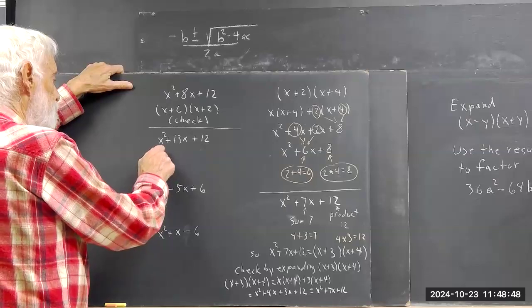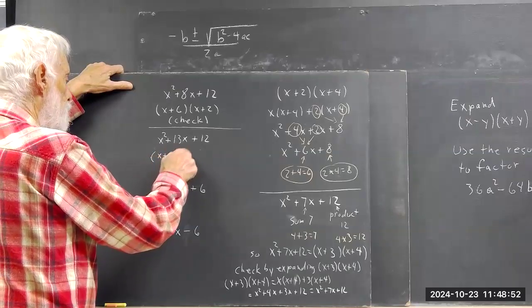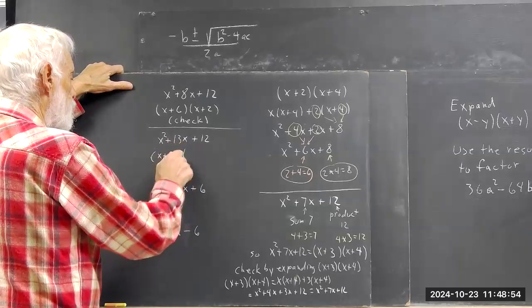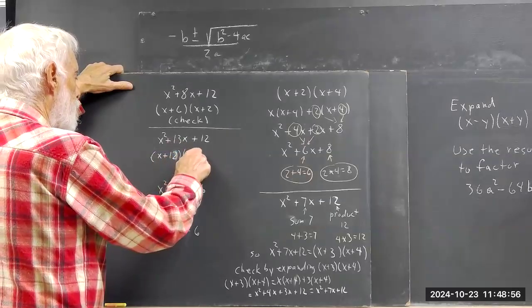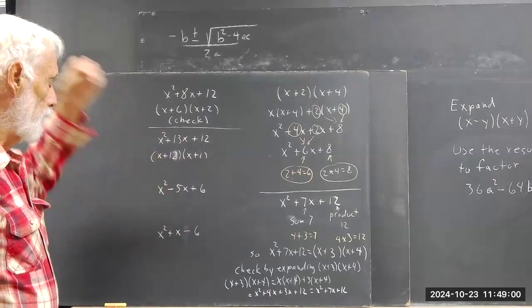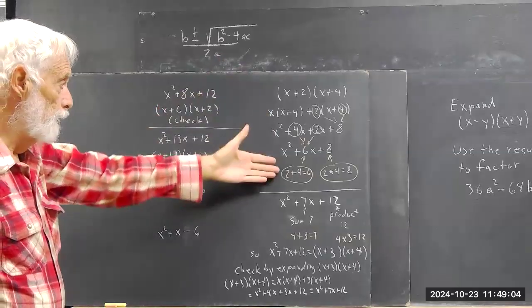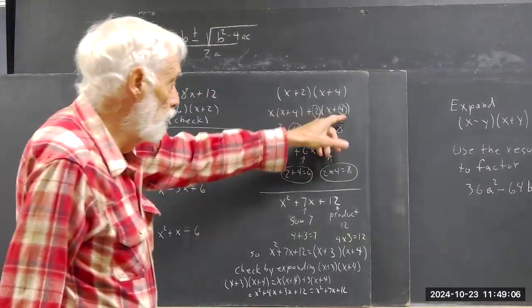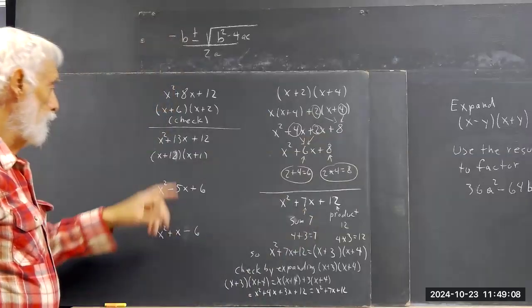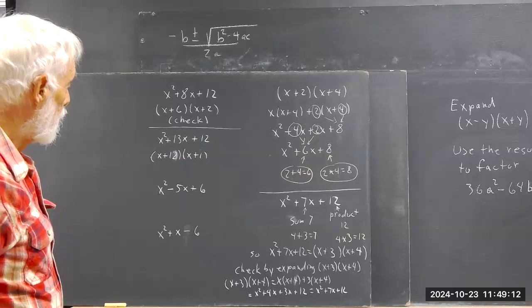Well, you're going to have x plus 12 times x plus 1, because when you multiply it out as you did here, the same way the 2 and the 4 multiply out to give you 8, the 12 and the 1 will eventually multiply out to give you the 12.